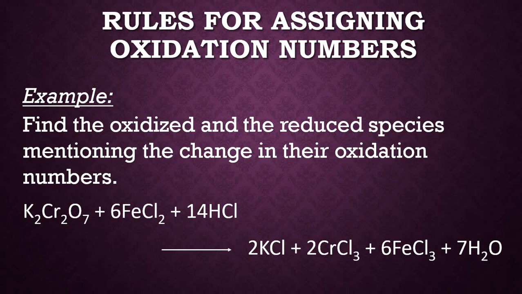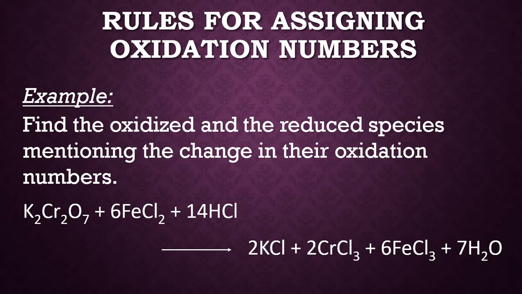We can notice in the product that the oxidation number of the chromium atom is +3 in chromium(III) chloride, as chlorine is a halogen which has an oxidation number equal to -1.